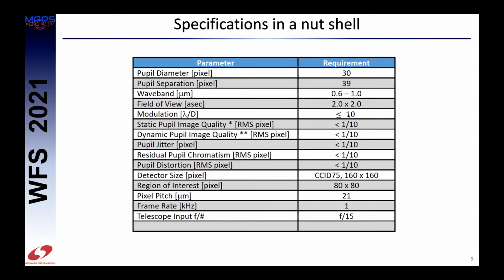The design allows 10 lambda over D modulation correction. We use an 80 by 80 pixel window without binning, which is the only one we have on this detector, and we plan to use a particular readout region.